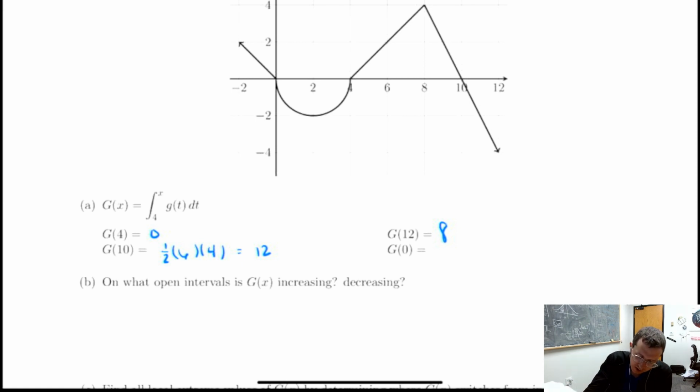Lastly, G of 0 is the integral from 4 to 0 of little g of t. Now these bounds are in the wrong order. The bigger one should be on top. So we can switch the bounds and insert a minus sign.